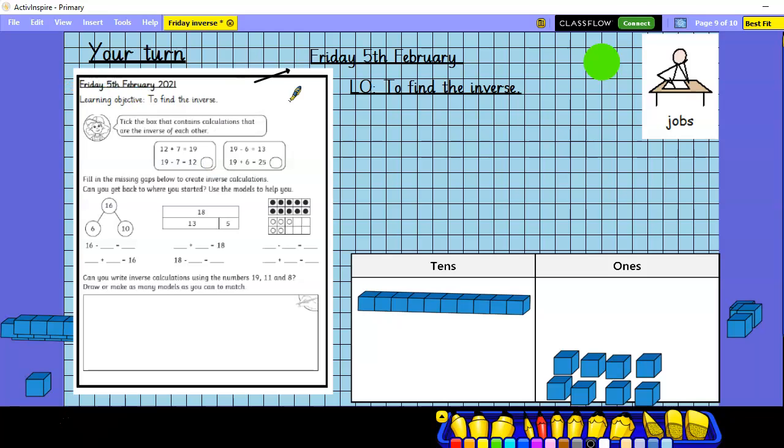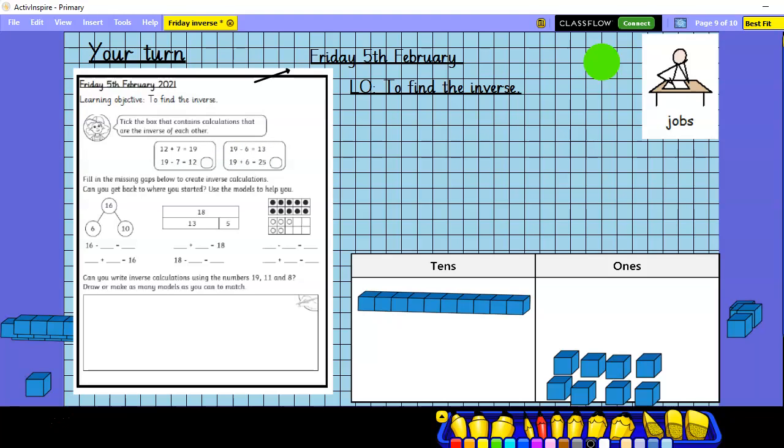So the first thing, if you're going to copy, you must do is copy the title, Friday the 5th of February, LO, you don't have to write learning objective, you can write LO, to find the inverse. Write that at the top of your page and underline it with a ruler. And then, if you were going to copy it out, you wouldn't have to copy all this out, but you would need to copy out these calculations.